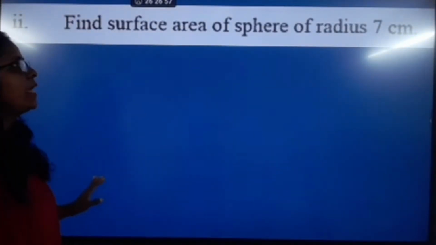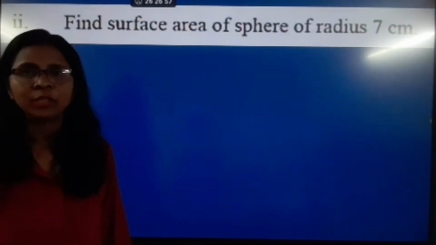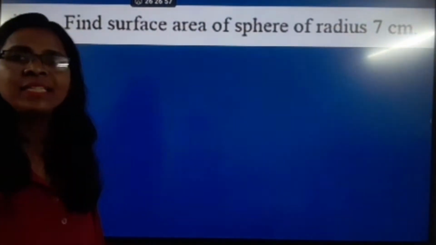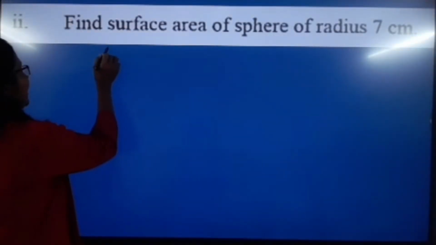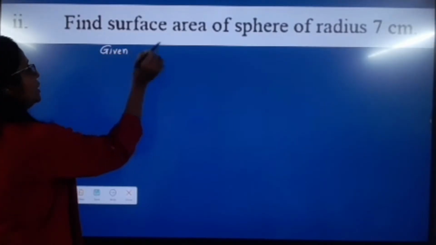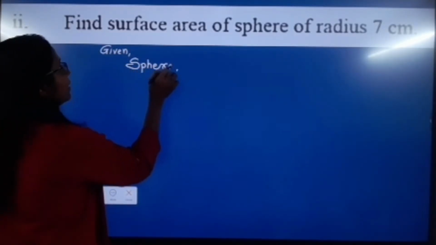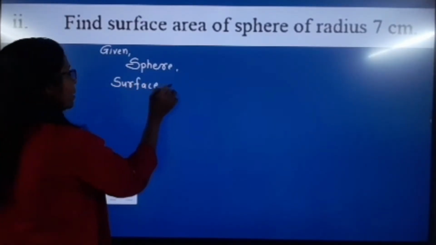Find the surface area of sphere of radius 7 centimeter. So now here, students, we have to find out surface area of sphere. First we write down the given. In the given, students, first we write down the sphere. Okay. So here sphere, and then we have to find surface area.